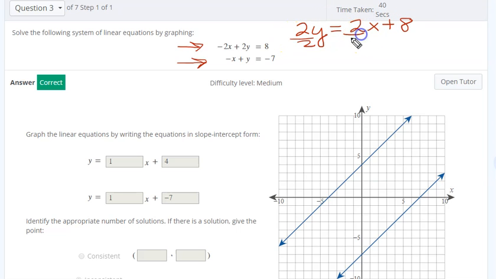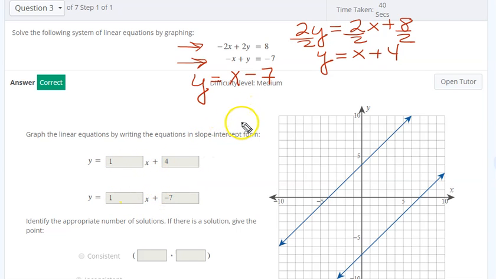Divide everything by 2, and we get y equals x plus 4. All right, we're going to do the same thing here. The y is already isolated. Just transpose the negative x to the other side. It becomes a positive x, and then a negative 7. That's what the answers were in the answer box.